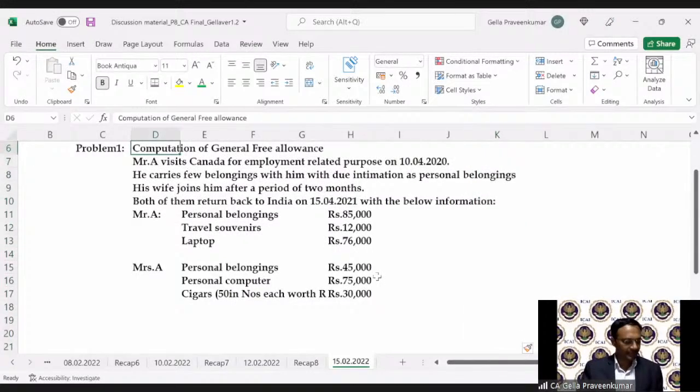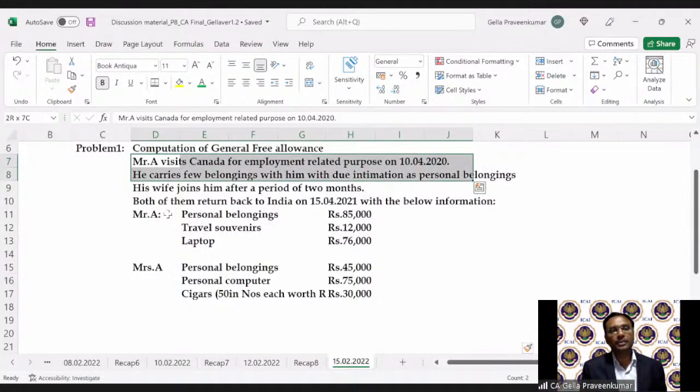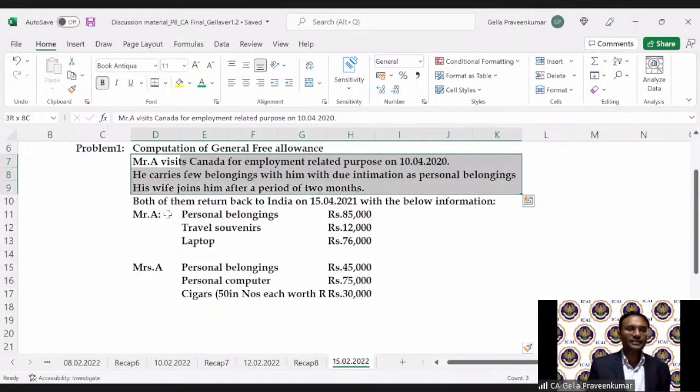Computation of general free allowance. Mr. A visits Canada for employment related purpose on 10th April 2020. He carries few belongings with him with due intimation as personal belongings. So when A is visiting, he made an intimation saying that these are the goods which I am going to carry with me. His wife joins him after a period of 2 months.